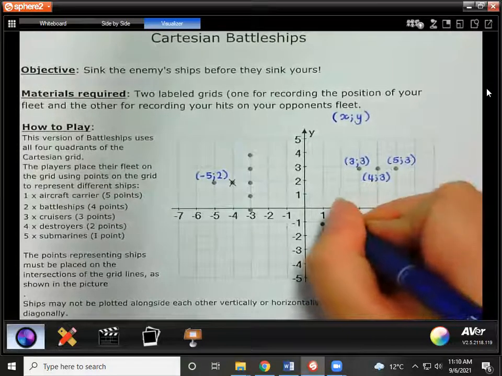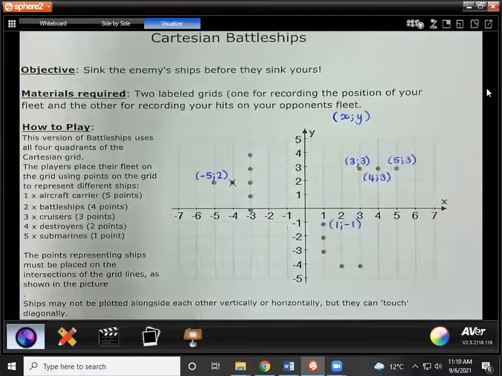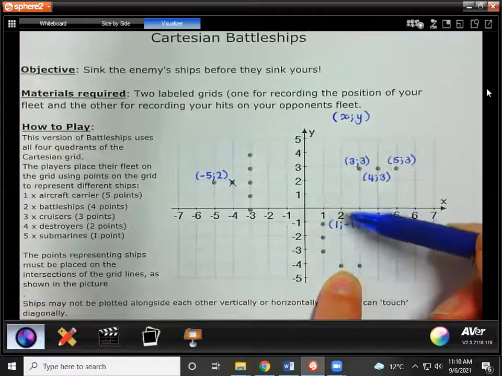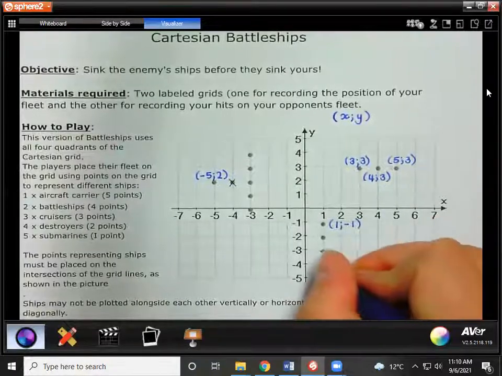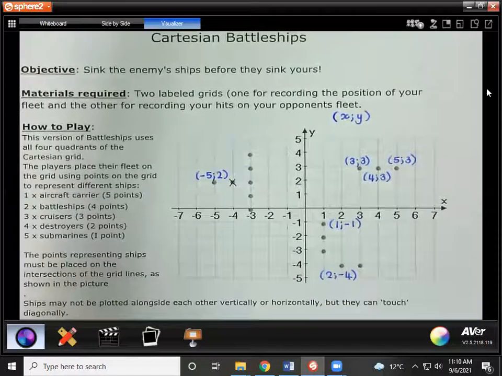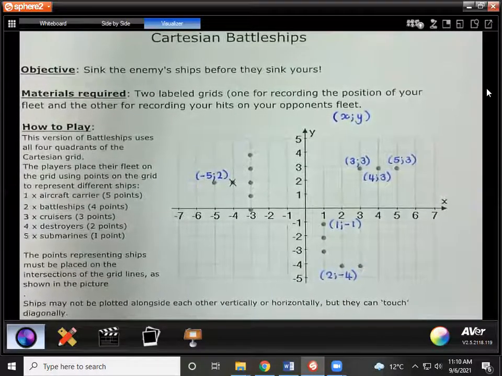So the coordinates are 1, -1. First X always, then Y. What about this one here? This one is in line with 2 and -4. So 2, -4. Okay, so that's what we're going to do every time, guys.